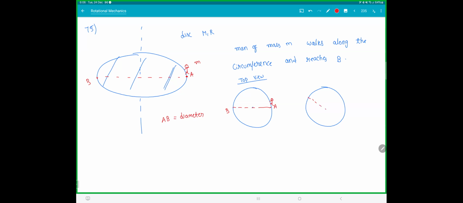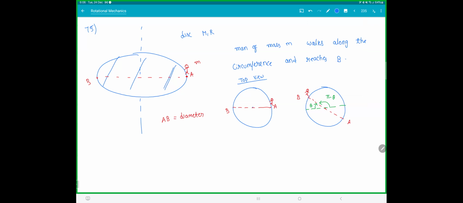When the man starts walking, A comes here, B comes here, man reaches B. So in reality, man didn't walk all the 180 degrees. The disk must have rotated some theta. The man actually walked pi minus theta. Is that making sense? When he is walking, the disk is also coming towards him.